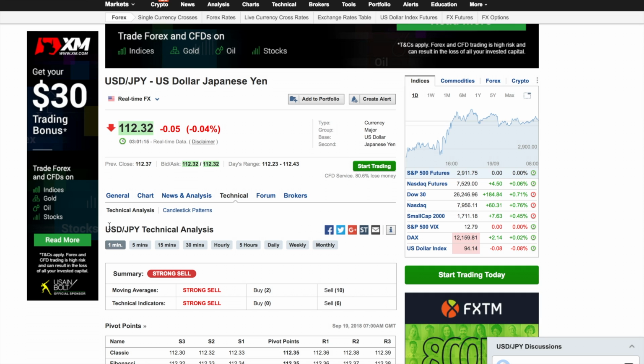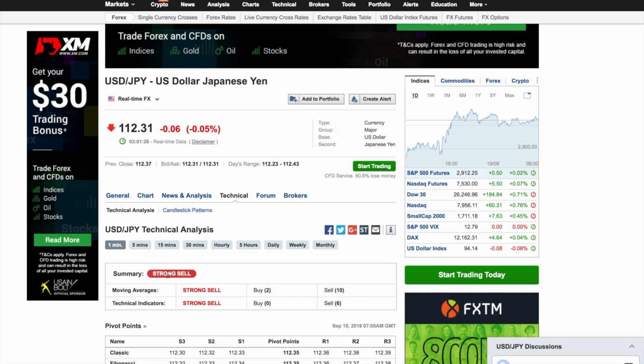Now you could look for setups on multiple currency pairs, multiple different time frames. Basically what you would be looking for is a strong directional bias on the higher time frames, and then on the time frame that you get the opposite, that's the time frame you want to be trading.